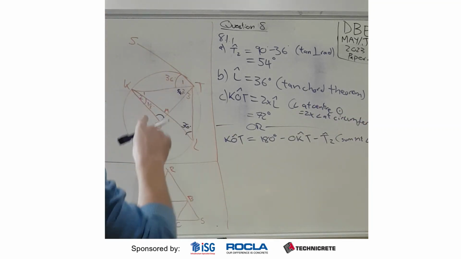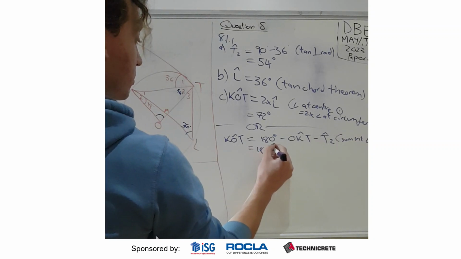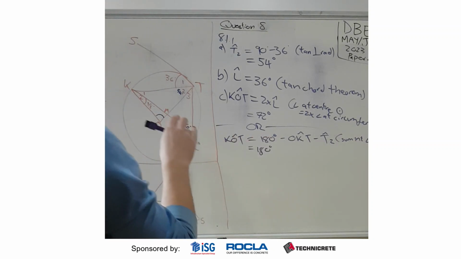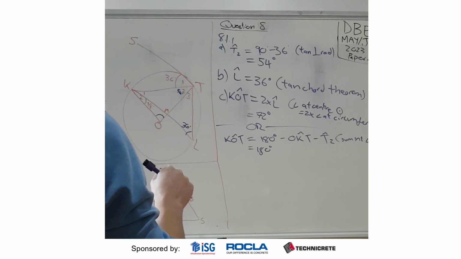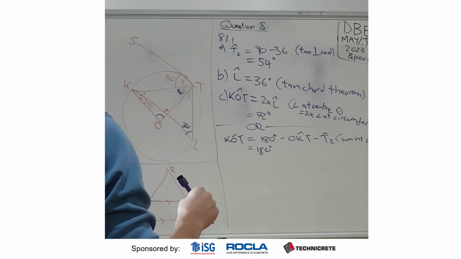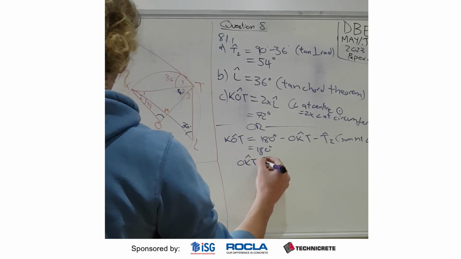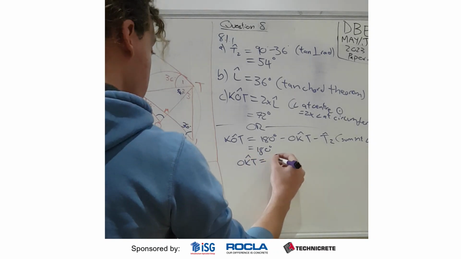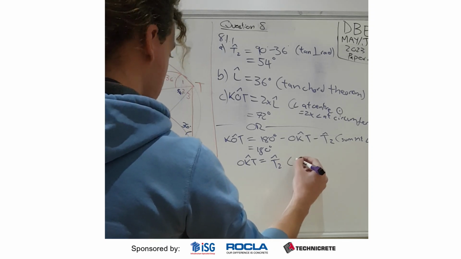Right, we're looking at this triangle here. Let me first do angle OKT, which should be the same thing as angle T2. Why is that?